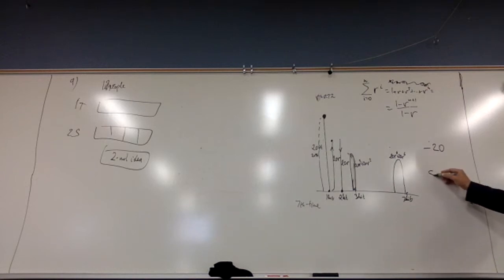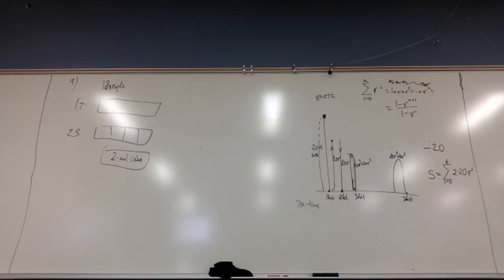So I'll say the following: S equals the sum of 2 times 20 times R to the I, where I goes between 0 and 6.